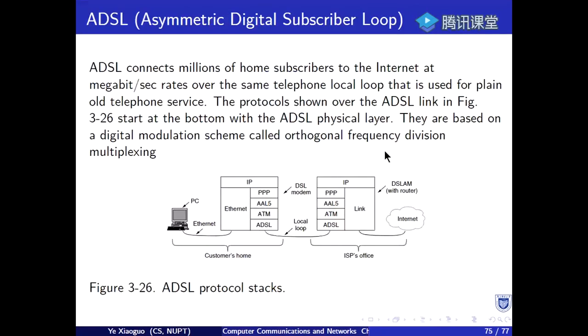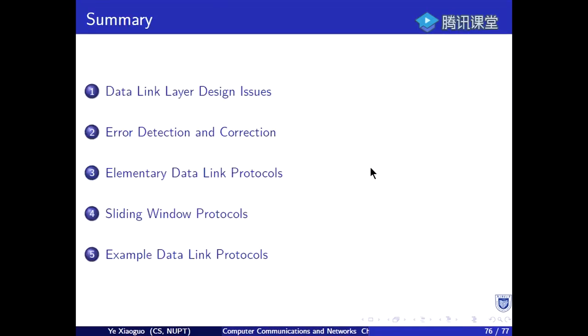Okay, we will not discuss the other protocols. So in this chapter, we talked about data link layer design issues, error detection, flow control with sliding window. Then we will continue with the next chapter.